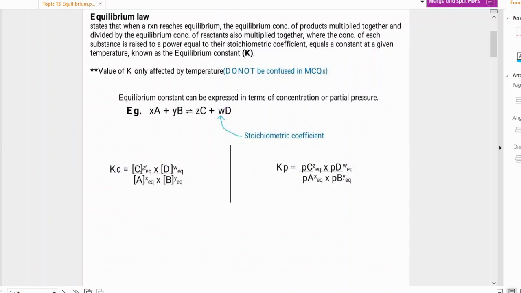So concentration of products divided by concentration of reactants, and products were multiplied, reactants were multiplied. Same thing occurring over here. But when equilibrium constant is in terms of concentration, we do square brackets. But when in terms of partial pressure, we do not include square brackets. If you include square brackets, then 0 marks.